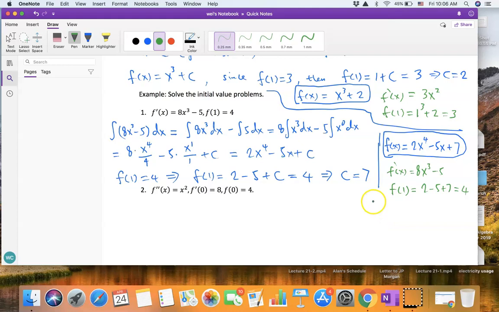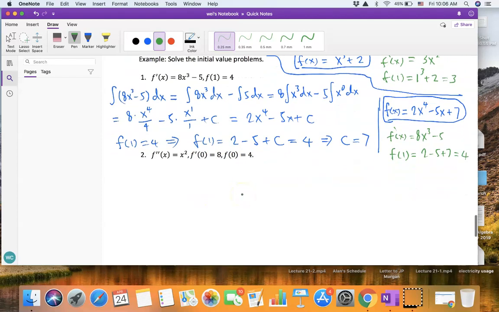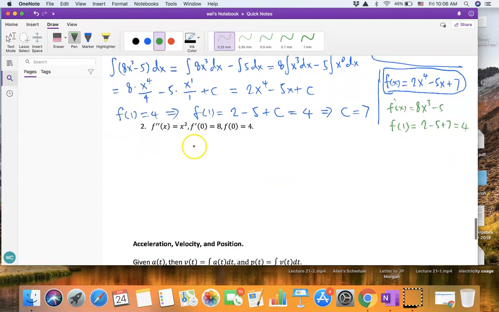Now sometimes we can have an initial value problem with two initial conditions. This is one example.